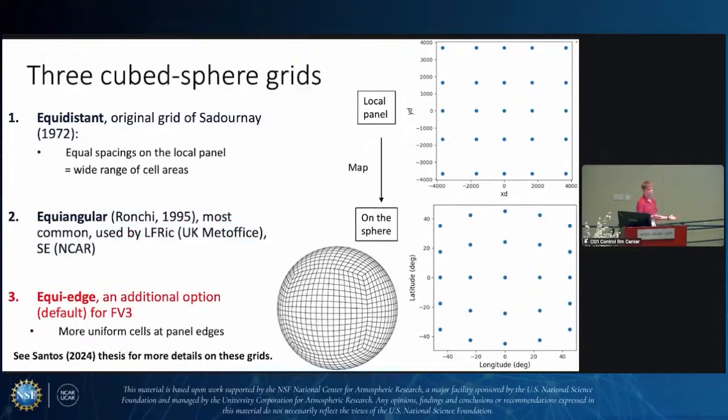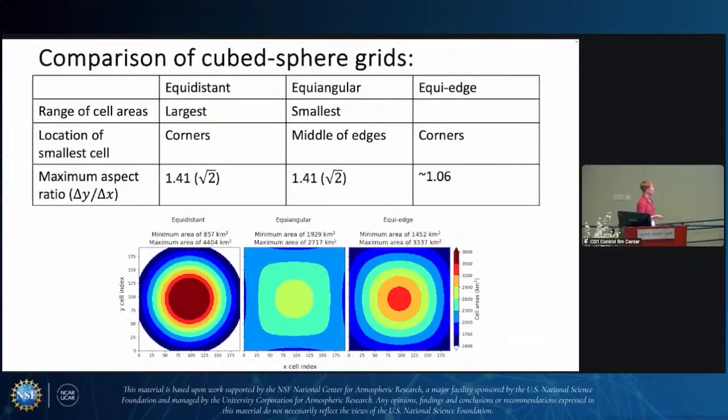Now there's a third grid that's actually special to FV3, and it's the default in CAM-FV3. And this is where the cells along the panel edges are made slightly more regular. And this reduces grid imprinting, which can introduce errors during transport. So just to summarize these three grids, the equiangular one used by CAM-SE has the smallest range of cell areas.